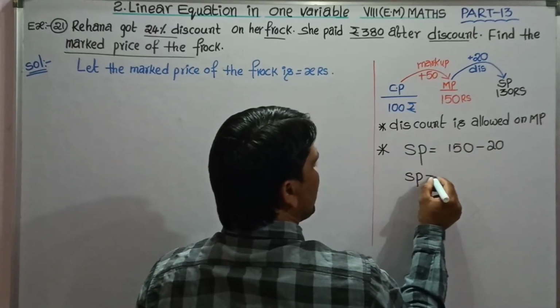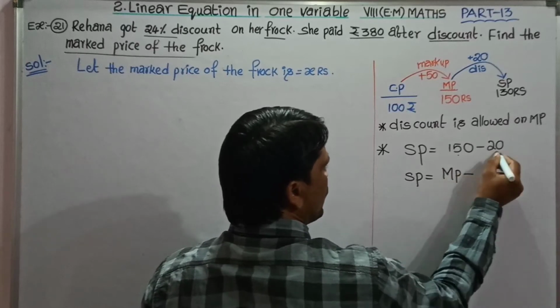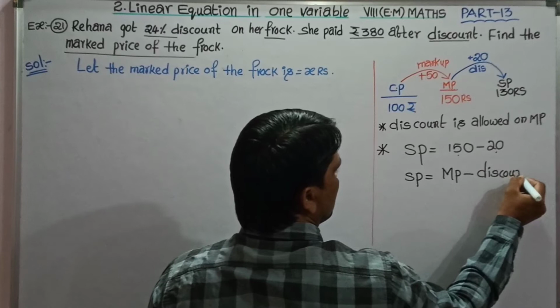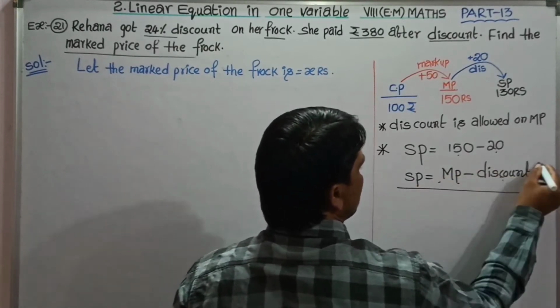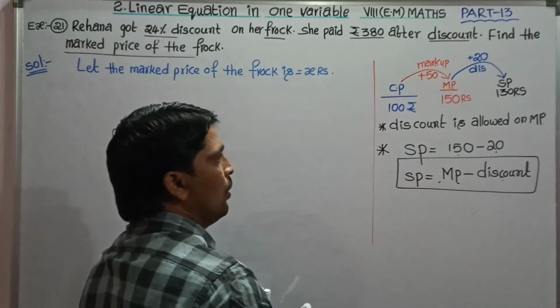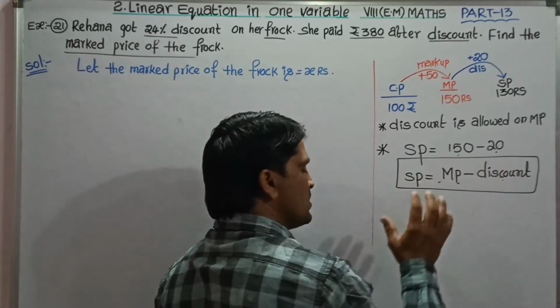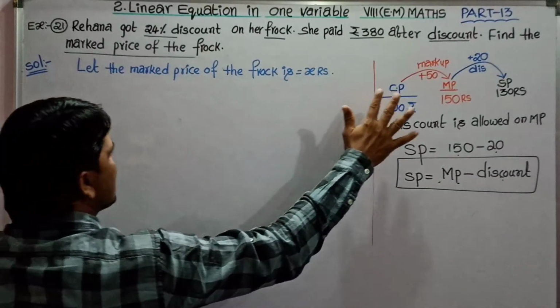What is 150? 150 is the market price of the shirt, minus 20, which is the discount. Market price minus discount amount is equal to selling price. That is, selling price is given by the formula market price minus discount. Let us conclude our question with the help of this concept.